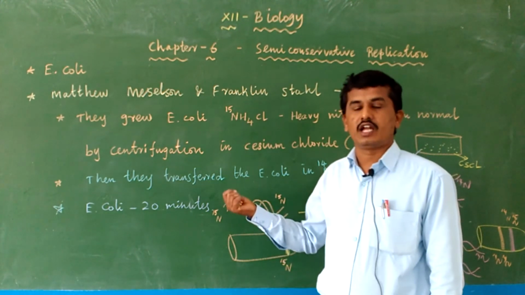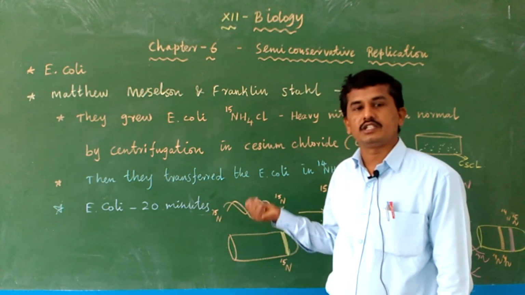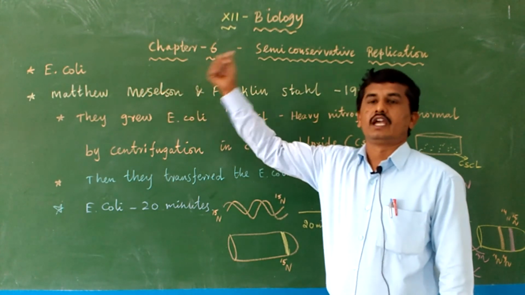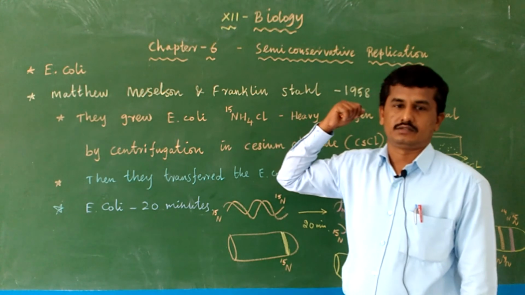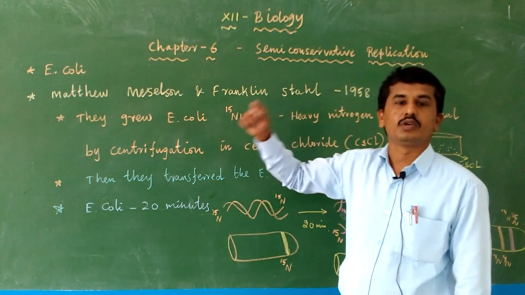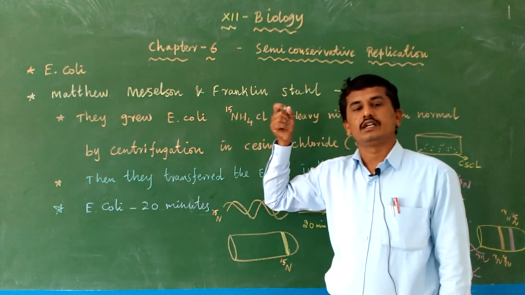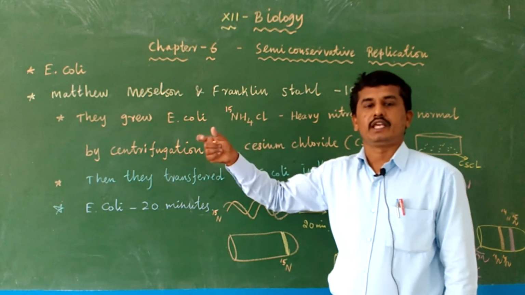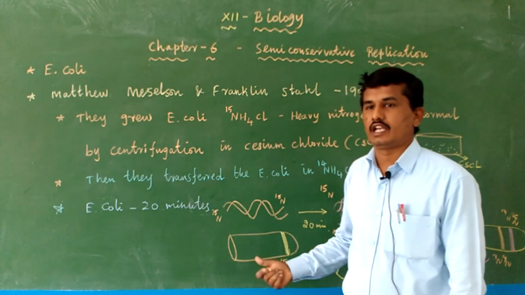Meselson and Stahl used E. coli bacterium, Escherichia coli, for experimental verification. Taylor used faba beans, actually eukaryotes, for proving experimentally the semi-conservative method of replication. Okay, that is Taylor's experiment.